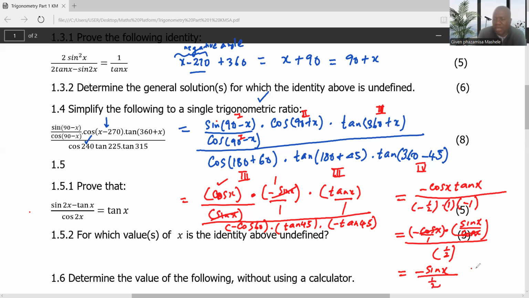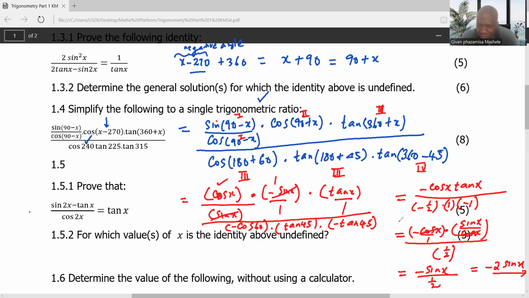And what is the final answer? The final answer is minus 2 sine x. And I need to check something. Let me check something first. Okay, now I'm following. So into a single trigonometric ratio, that is the answer.